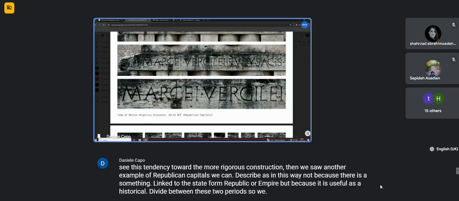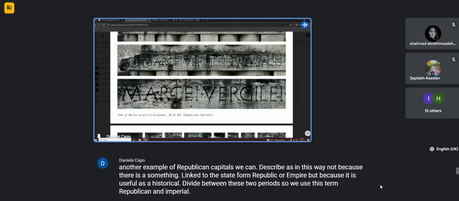So we use this term Republican and imperial just to have a point of reference for a periodization.